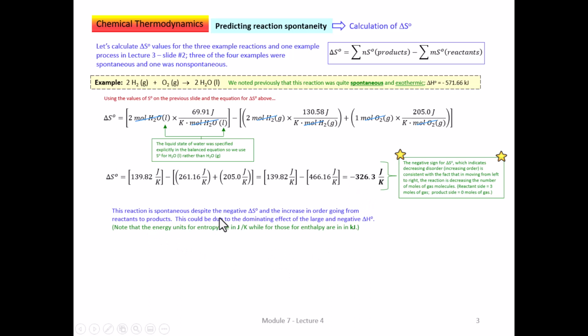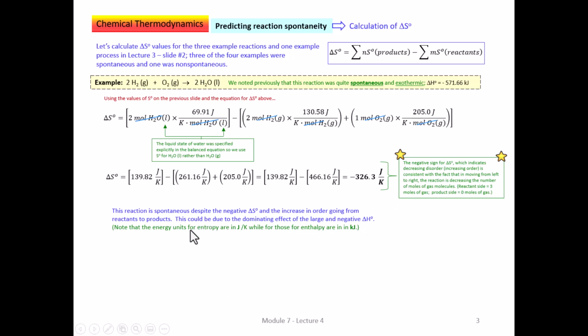So this reaction is spontaneous, and we know it's spontaneous because we can observe it, despite the negative delta S, because remember, a negative delta S does not favor spontaneity. Reactions don't naturally go in the direction of increasing order unless there's a reason to do it. So apparently here, this reaction is spontaneous because of the dominating effect of this large and negative enthalpy change.